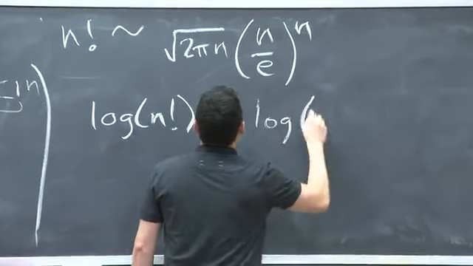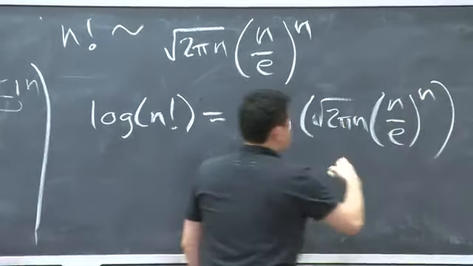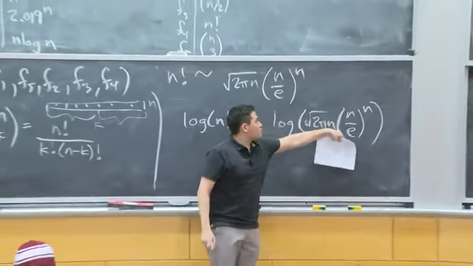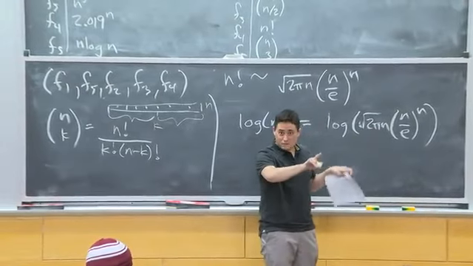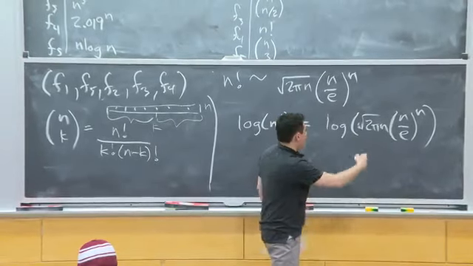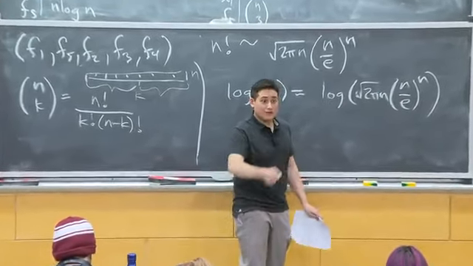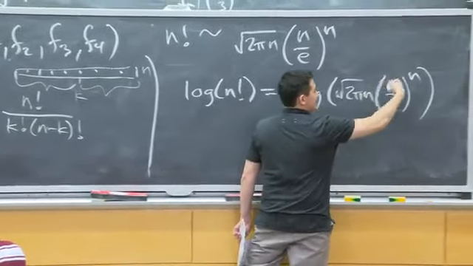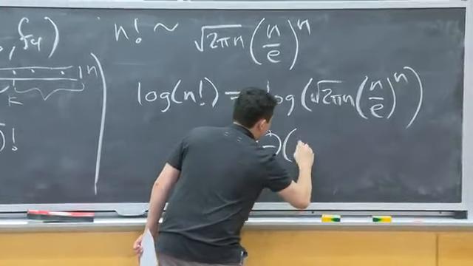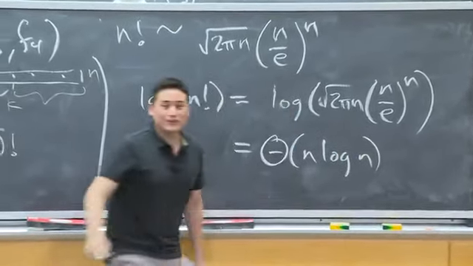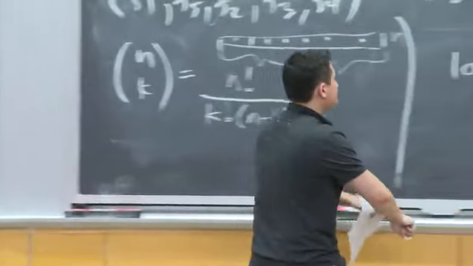All right, let's do it out. Square root of 2 pi n times n over e to the n. So when we're inside a logarithm, multiplication we can split out, becomes addition. Division becomes subtraction, right? And this thing grows faster than all of these other things, so we can ignore them when we add them out asymptotically. And so what we end up getting is this n to the n. The n comes out of the logarithm, and you get something that's theta n log n. Oh, that's fun. This is something we might use later on in the class.